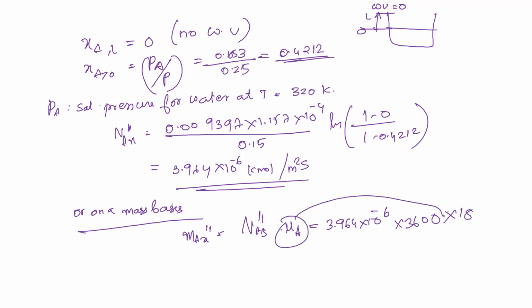That value comes to be 0.257 kilogram per meter square hour. So that is the evaporation rate.